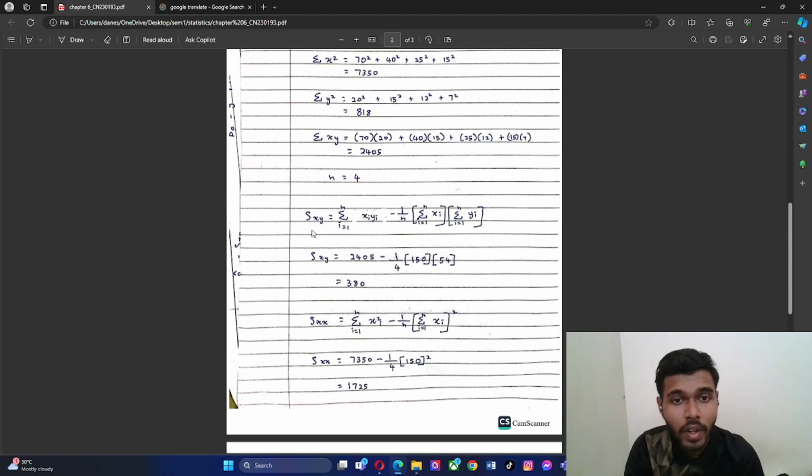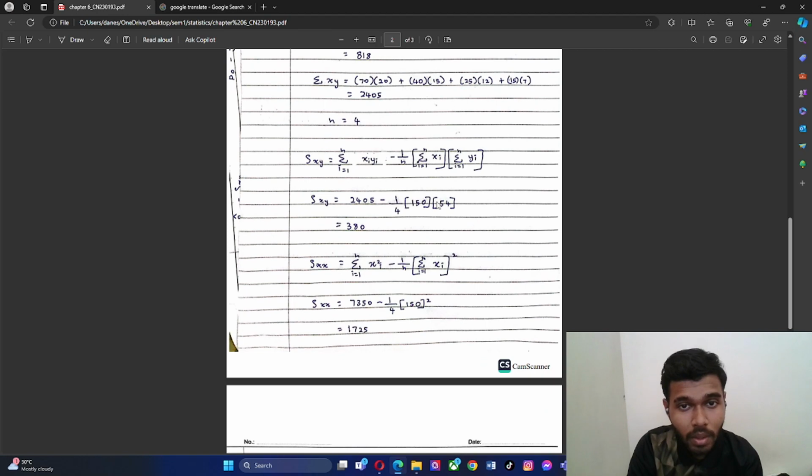After that, we have to calculate Sxy. This is the main formula for Sxy: the sum of xi yi minus 1 over n, times the sum of xi, times the sum of yi.